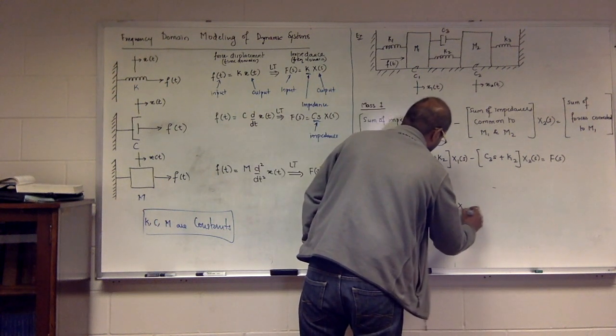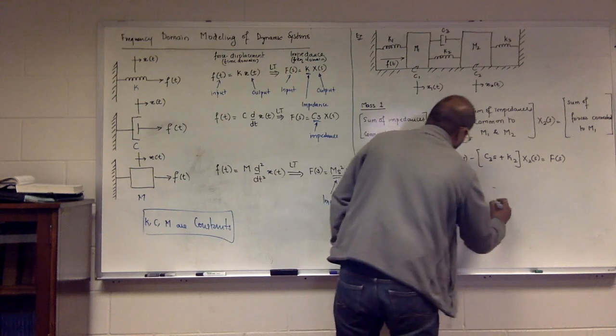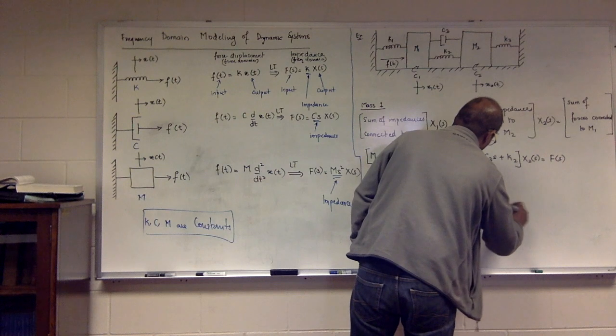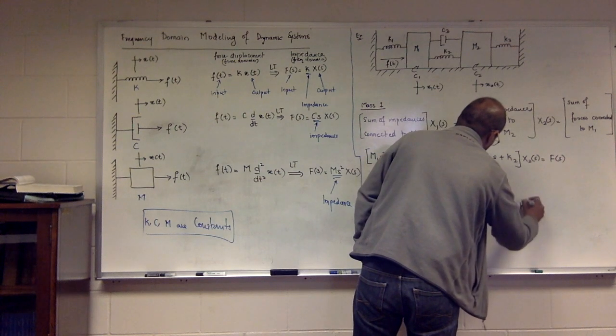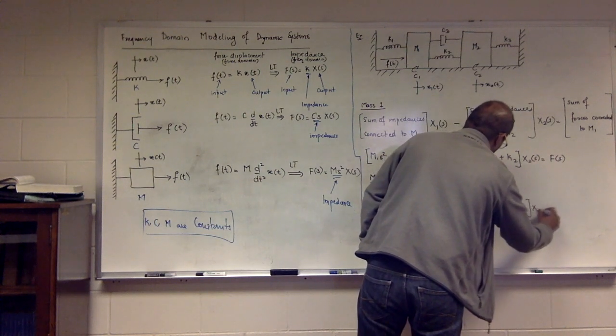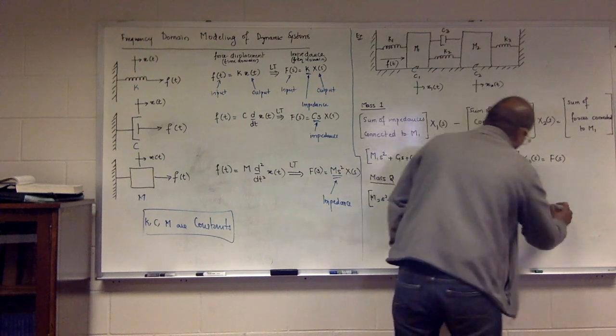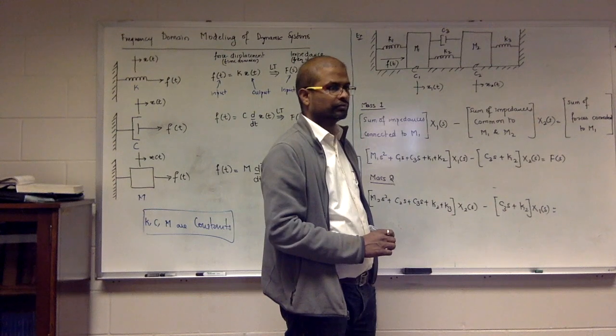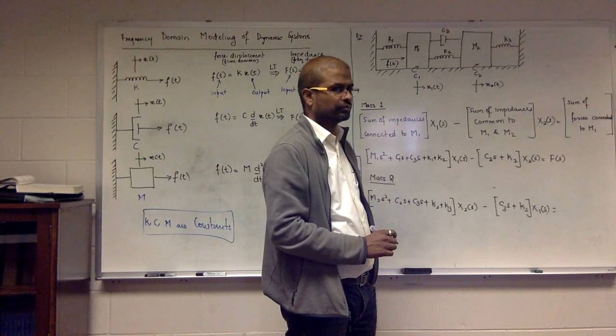Into X2 of S minus, again it will be the same thing here. It so happens that this is the same, but you have to keep in mind this is X1 of S equal to what? The sum of the forces connected to M2.